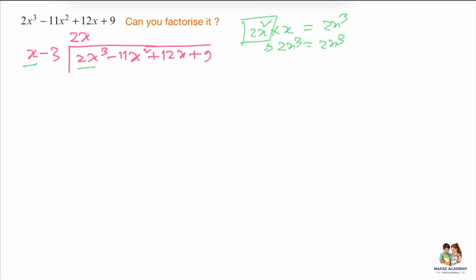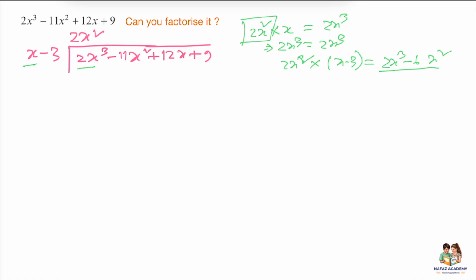Write it here. And now we have to multiply 2x squared with the divisor x minus 3. What is the result? 2x cubed minus 6x squared.